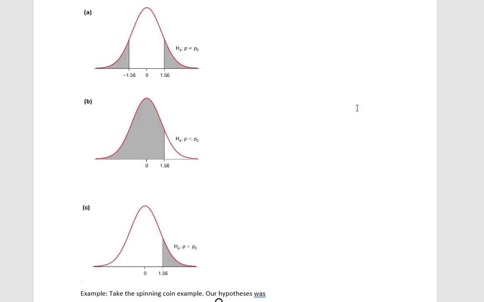For this very first one, our alternative hypothesis is that p does not equal p naught. So remember, if we assume that our null hypothesis is true, then getting a small amount of heads is just as extreme as getting a large amount of heads. Here's how you find this: you take the negative of your z-score, which in our case would be negative 1.56.